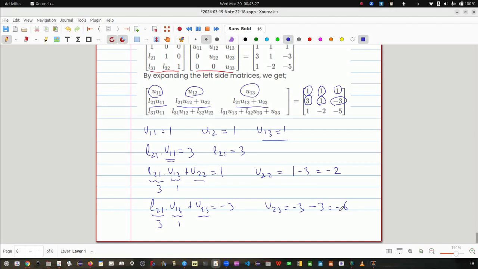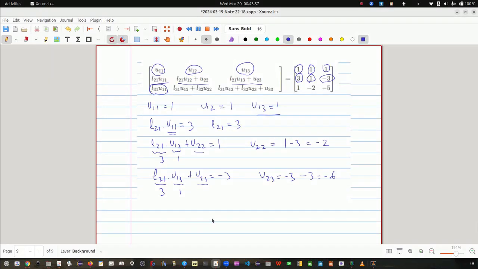Then we go to the third row here. Let's continue from here. We say L31 times U11 is equal to 1. Since we have L31, where are they? U11 is 1, and L31 is equal to 1.